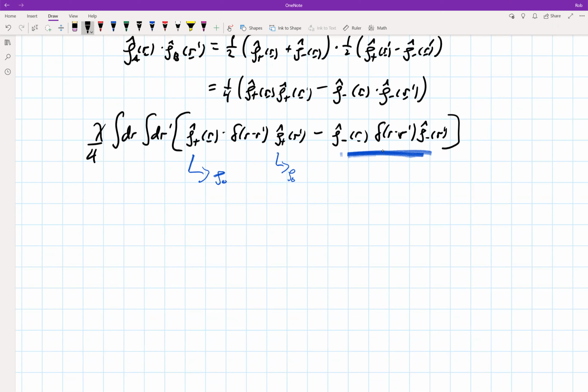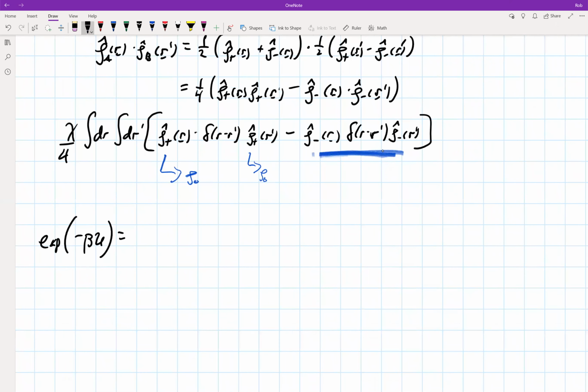And so in the end, what we're going to get is something where our exponential of minus beta u is going to become, so we'll have an exponential, and I'm going to separate out the term involving rho hat plus from the terms involving rho hat minus. So we'll have chi over 4. We have two factors of rho, so we're going to have rho naught squared. One of the integrals is just going to kill off the delta function, so that won't do anything. And then the other one is going to give us a factor of volume, but it's also just a bunch of constants, right?